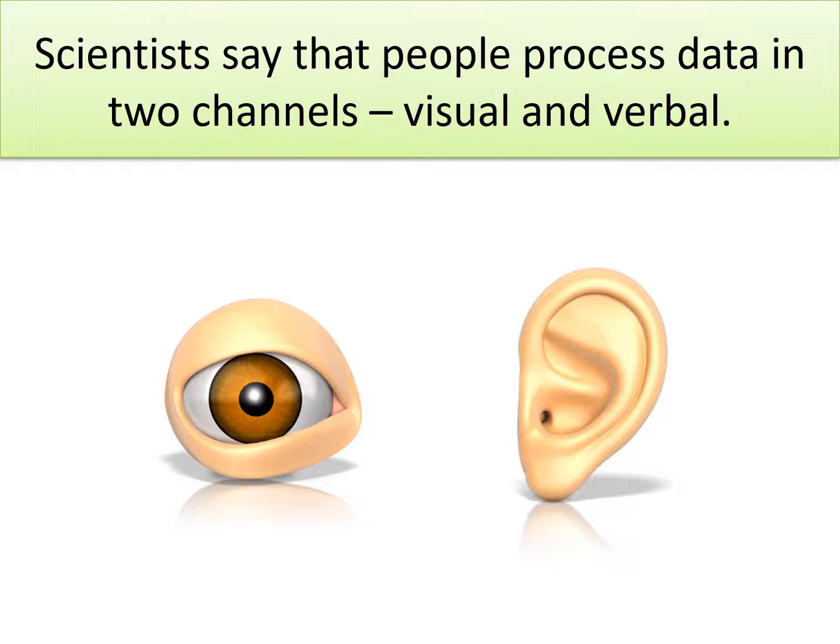Looking at this in light of a PowerPoint presentation, you would want to take advantage of the dual channel structure and ensure that the visual and the verbal information are complementary. What you read on the screen and what you hear the presenter say and what you see in images should all be very strongly aligned.